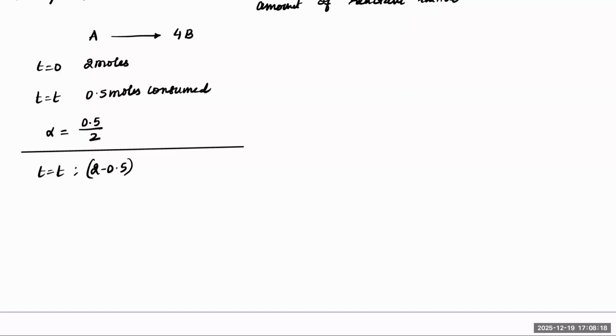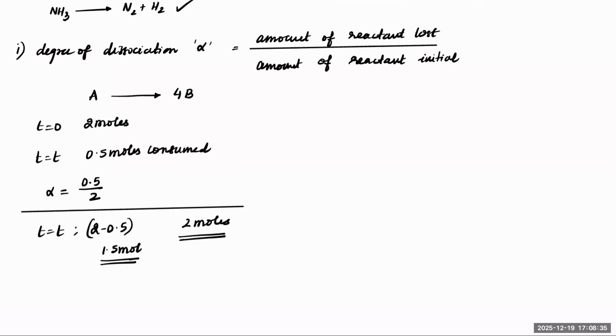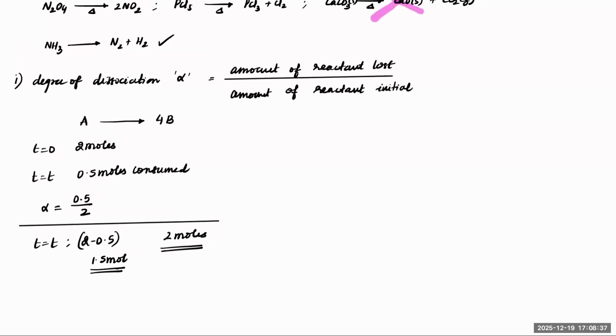So 1 mole gives 4 moles, and 0.5 moles will give 2 moles. So we have 1.5 moles of A left over and 2 moles of B formed. Does this example make it clearer?